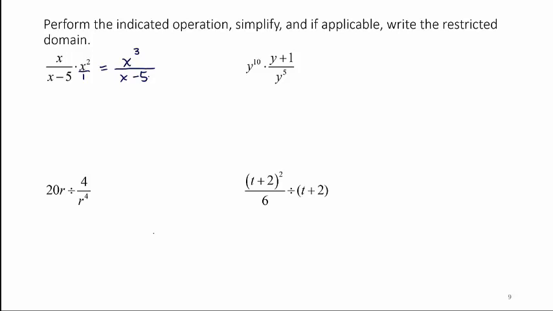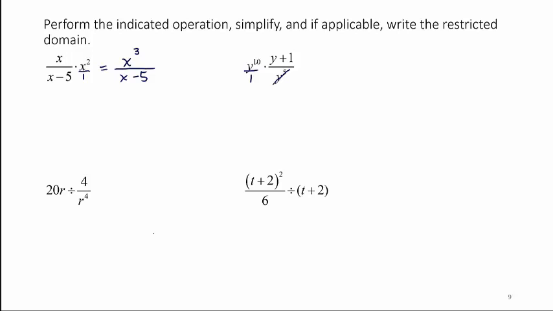Okay, so now in this next example with y to the 10th times y plus 1 divided by y to the 5th, same thing here, right? We've got y to the 10th over 1. And in this case, y to the 10th over y to the 5th, we've got 5 of these downstairs and 10 upstairs, right?